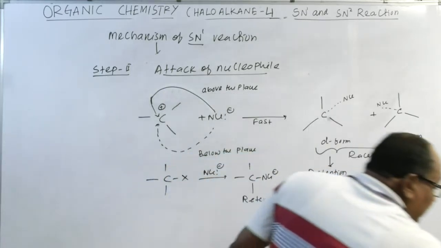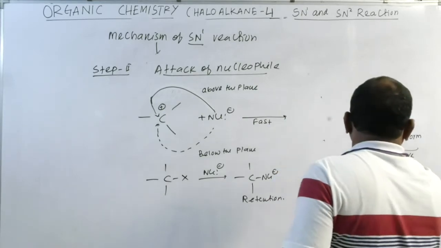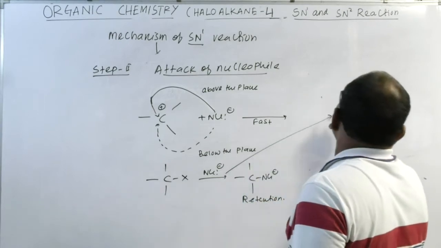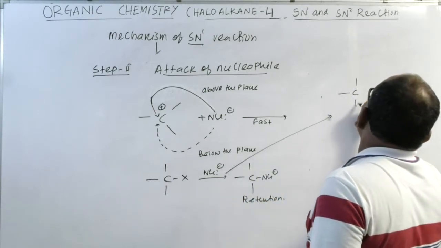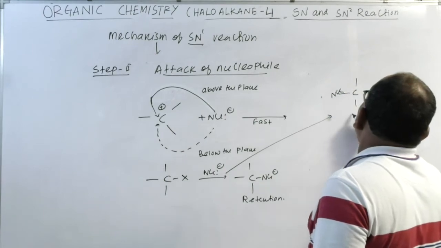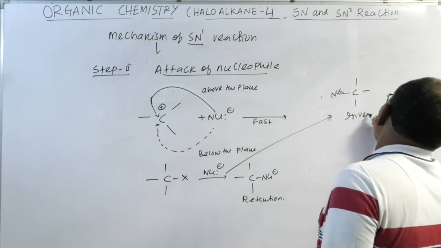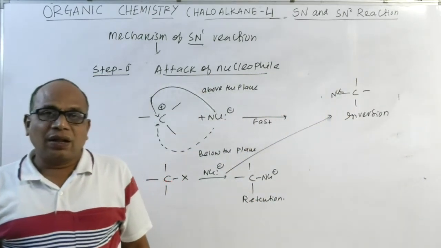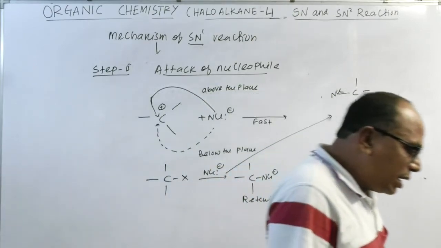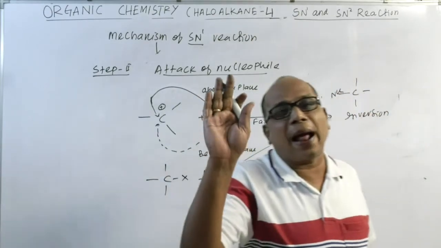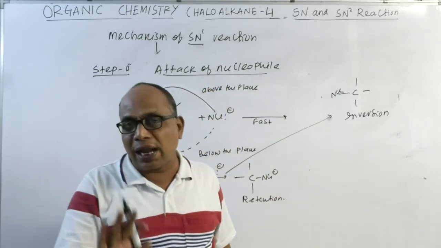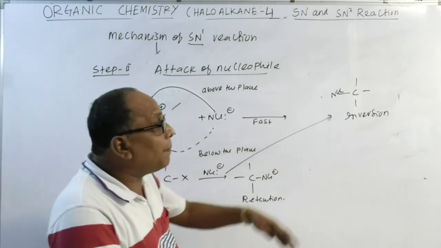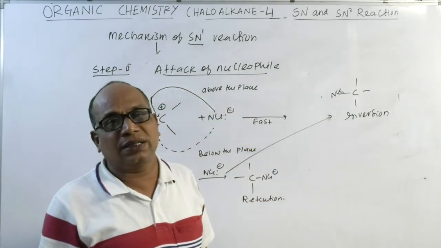When it is the opposite side, then this structure is called inversion. Are you clear? That is, when the nucleophile is substituted for the halogen atom of the alkyl halide on the same side, that is called retention. When they are on opposite sides, it is called inversion structure.